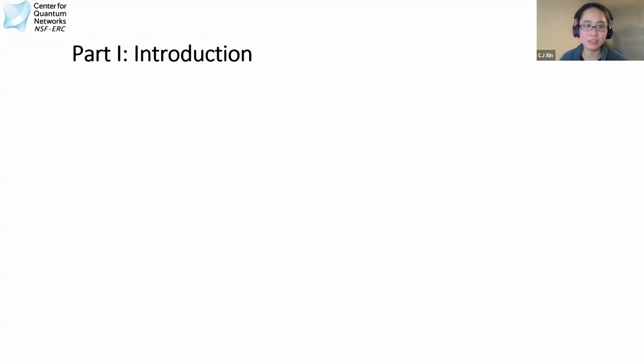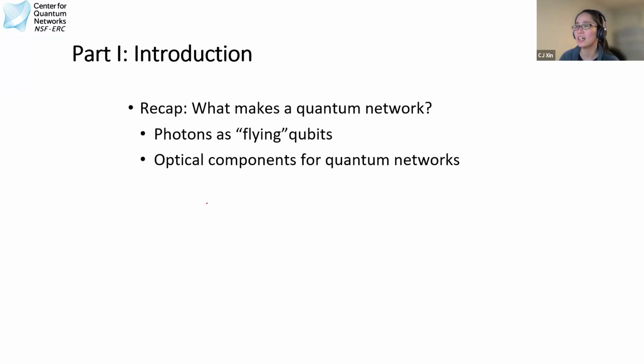So after the very broad overview of fiber optics and communications networks that Marko has kindly provided, let's go over what we're going to be talking about in this next subsection. Basically, I'll just recap what makes a quantum network really quickly. I'll break it down into components and then functions.